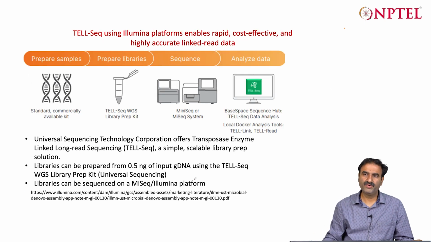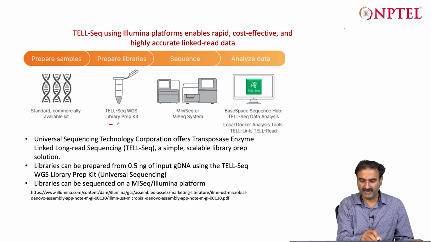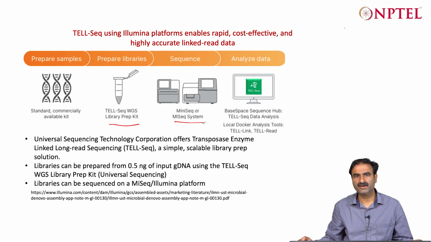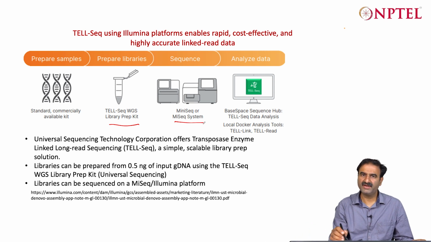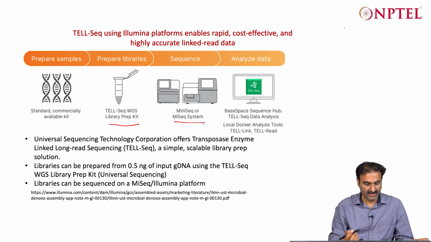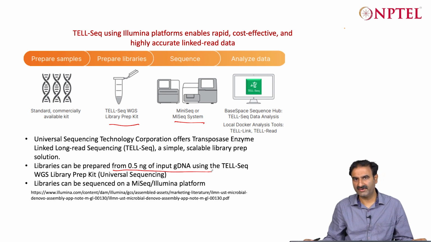After the library preparation, the sequencing is done by any of the Illumina platforms. It could be MiniSeq or MiSeq or NextSeq. The larger ones may not be appropriate because they can do much more than that, but any smaller or medium level system is okay to assemble these. You can prepare with a very low input amount, whereas PacBio and Nanopore need larger amounts of DNA.